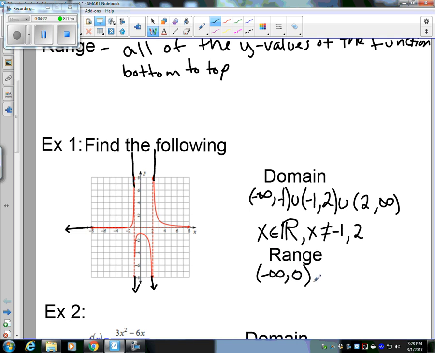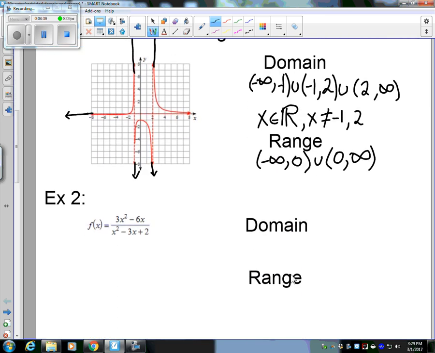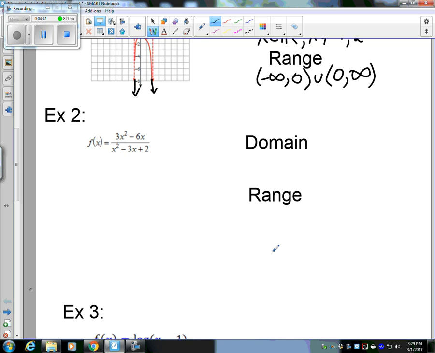So they're going to go from 0 to infinity. So left to right, there are three different parts because we had two different asymptotes, but up and down there's only one asymptote, so there are only two different parts to that graph that we have to explain. Example 2. Let's look at this on the calculator.